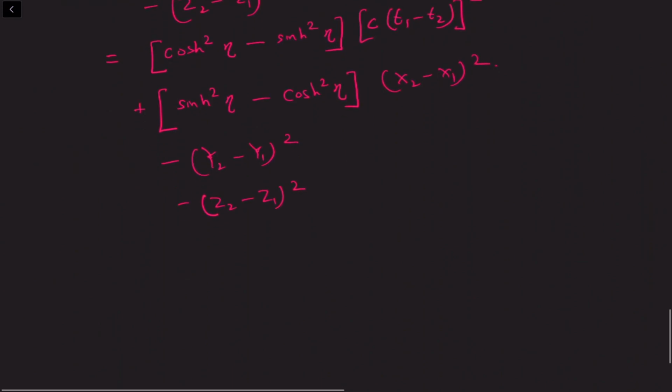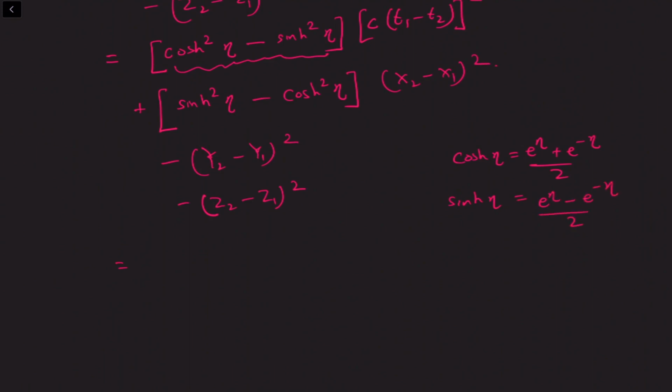minus (y2 minus y1) whole square minus (z2 minus z1) whole square. So if we write this out, now we can use the fact that cosh square eta minus sinh square eta is 1 no matter what the value of eta. This is just an identity, just like the trigonometric identity of cos square theta plus sin square theta is 1. So just to remind you, cosh eta is e to the eta plus e to the minus eta by 2. Sinh eta is e to the eta minus e to the minus eta by 2.